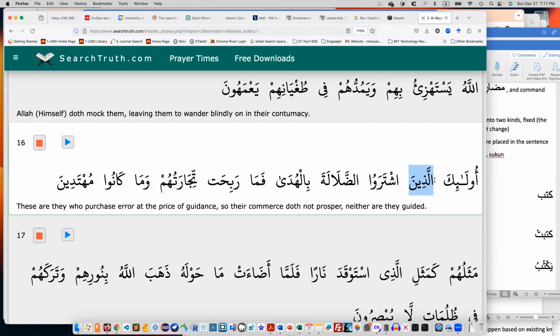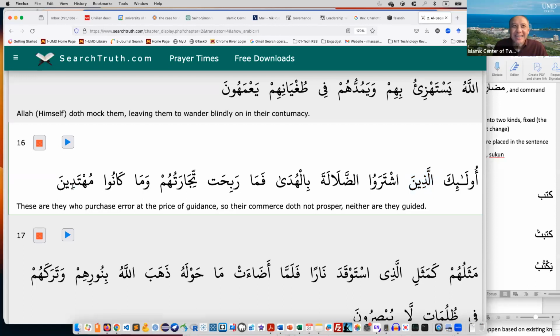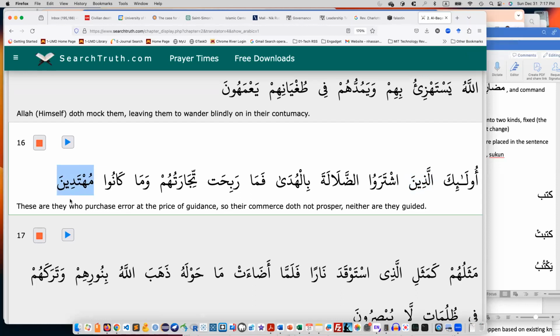So this verse has only 3 verbs, and all of them are in the past tense. So fi'l madi, all of them. There are 3 fi'l in there. See if you can find that. Somebody says muhtadin. That's not a fi'l.